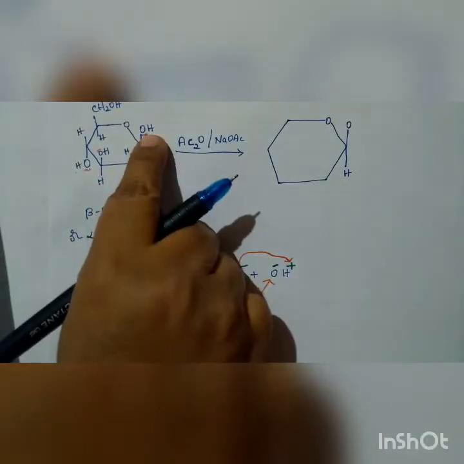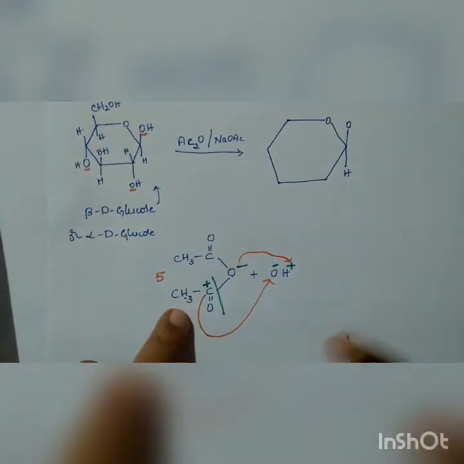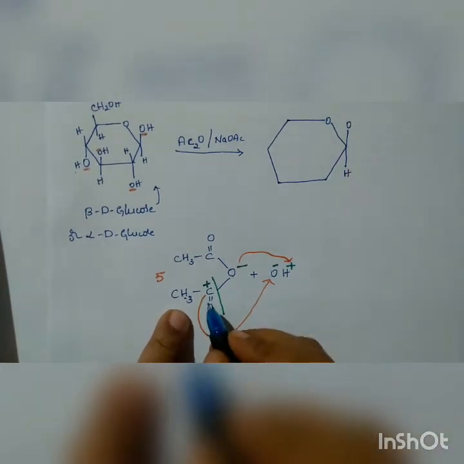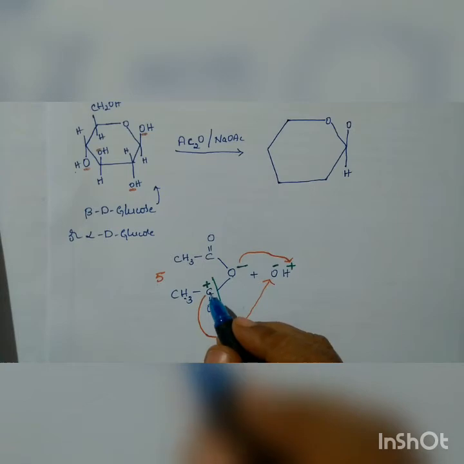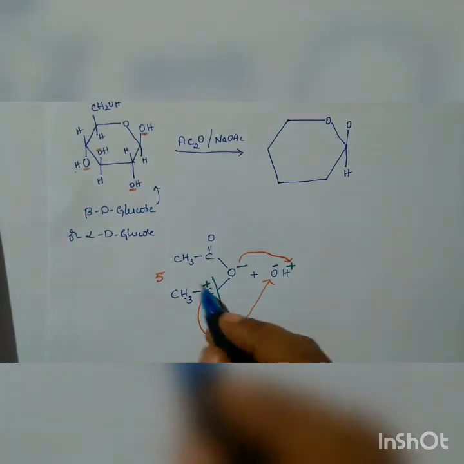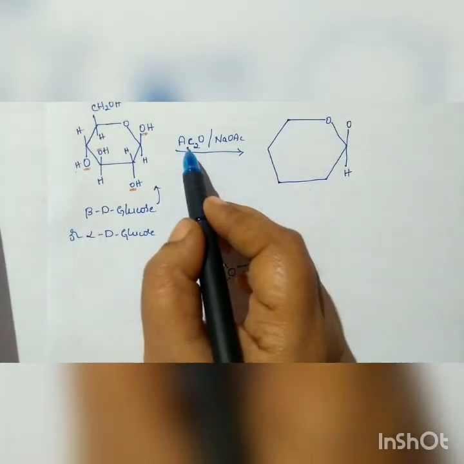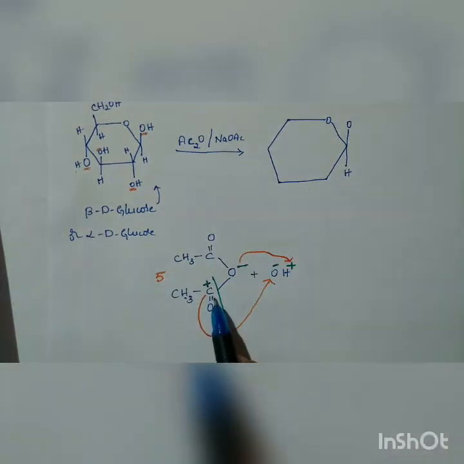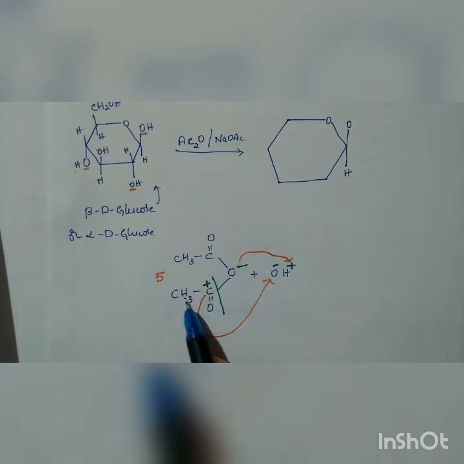It is O minus, where O minus is combining with this group. That CH3C double bond O group is called the acetyl group. We can write it as Ac itself, or you can also write it as C double bond O CH3.